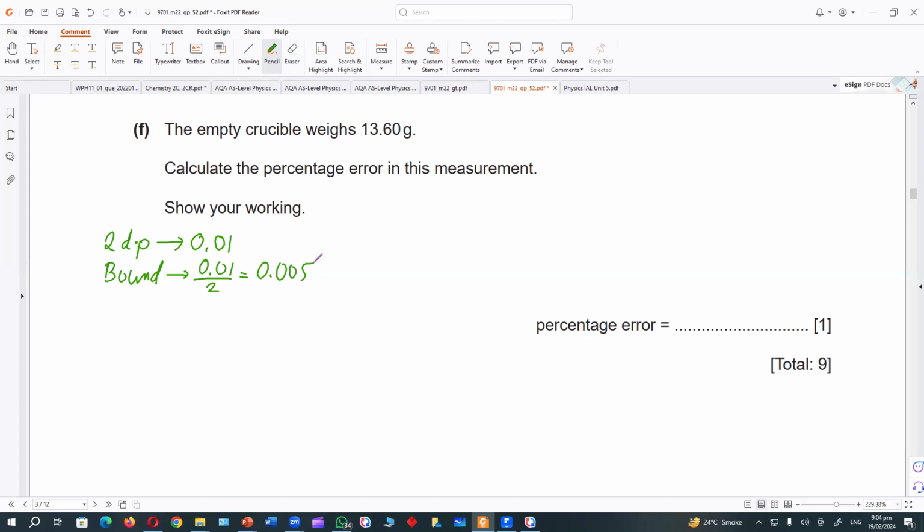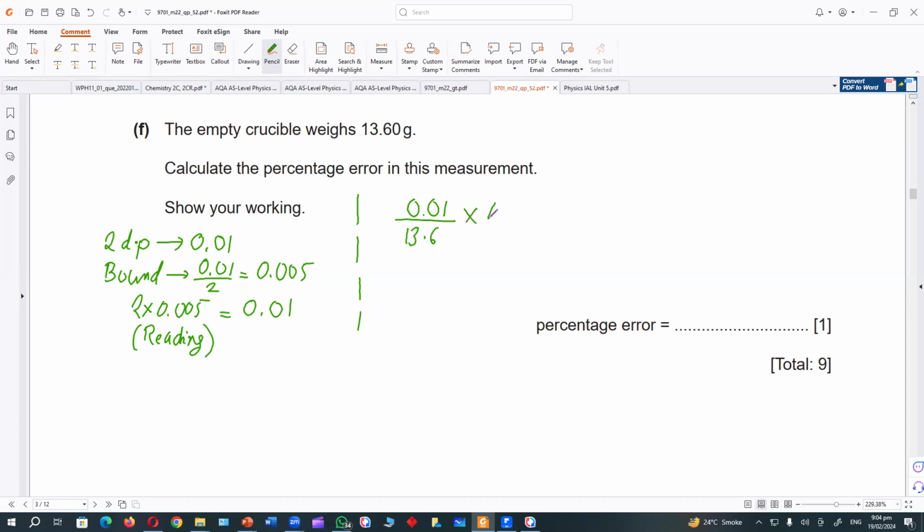So I multiply by 2 since we're taking it twice. 2 multiplied by 0.005, and the number we have reading is 13.6. It will be 0.0735.